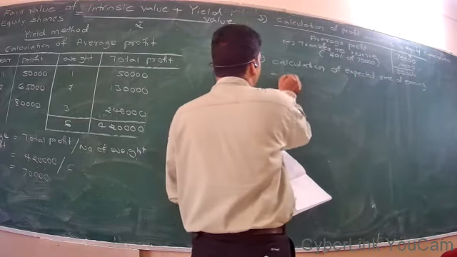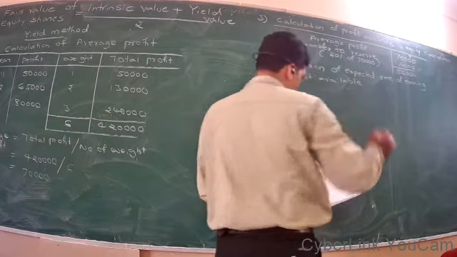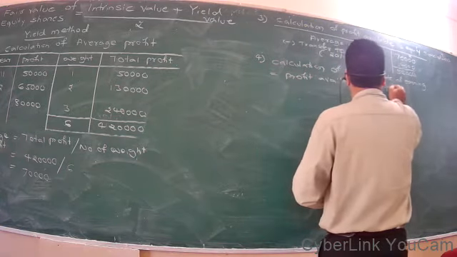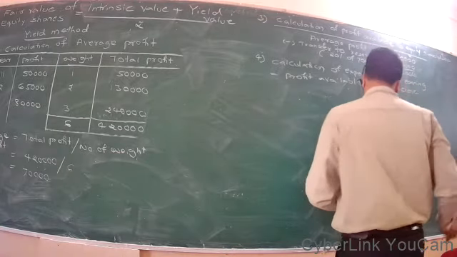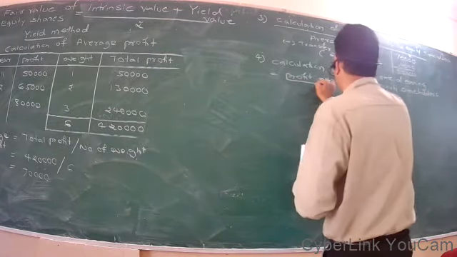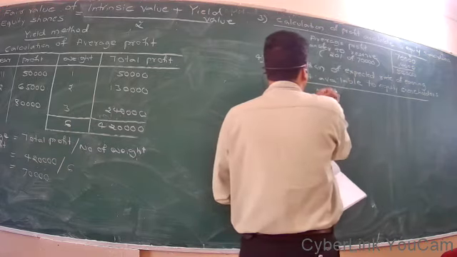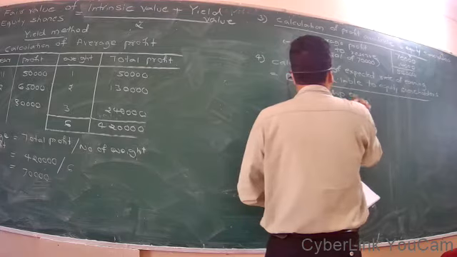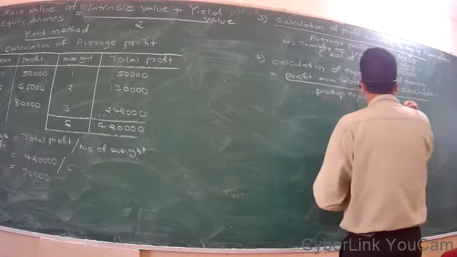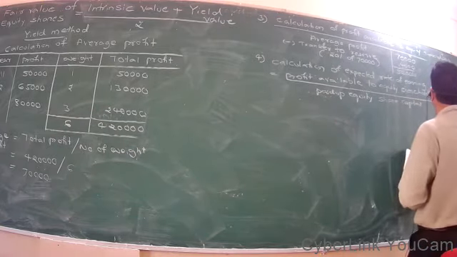That is equal to profit available to equity shareholders divided by paid up equity share capital into 100.